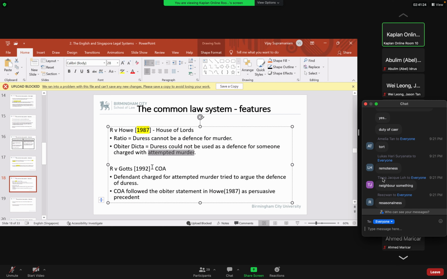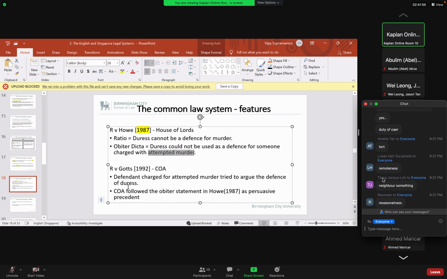In 1992, subsequently, if you look at this case, it's the same thing. It's a case of duress. A third party got this accused and told the accused that you have to hurt some other persons. If you don't hurt them, I'm going to hurt you. But what happened here was, the accused was only charged with attempted murder because the victims were still alive.